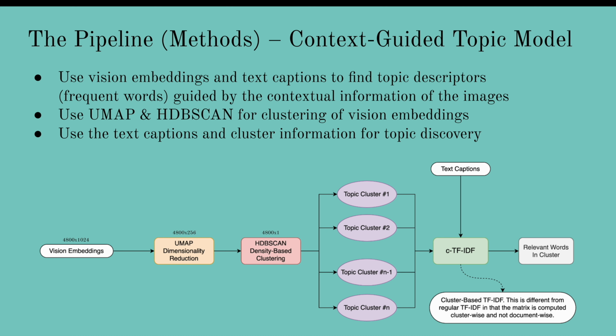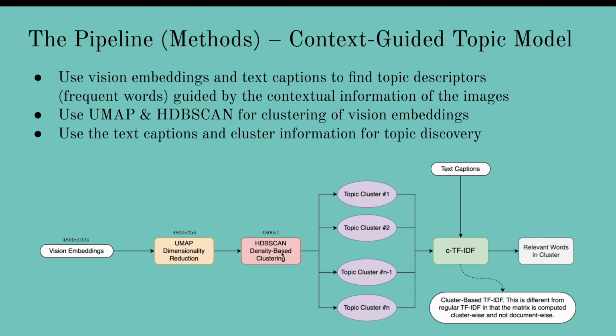Now for the context-guided topic model, once you have generated embeddings, you can pass them through a dimensionality reduction technique. For the purposes of this project, I used UMAP, which is able to capture the density of the vectors in high dimension while also projecting them into a lower dimension. Once you have lowered the dimension of the embeddings, you can pass them through some kind of clustering algorithm.